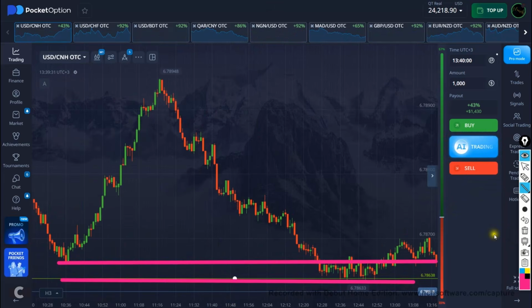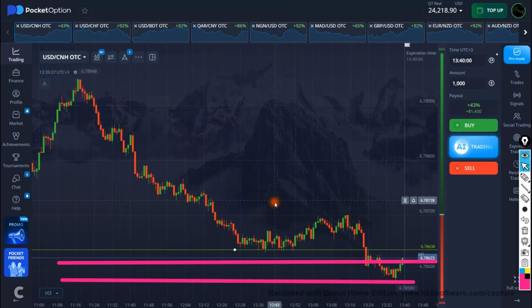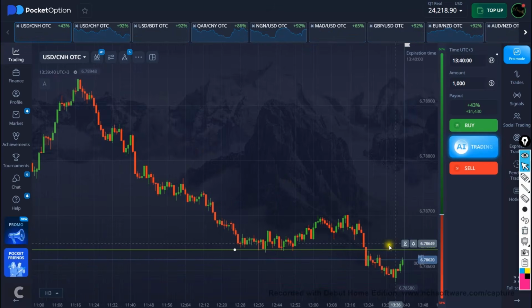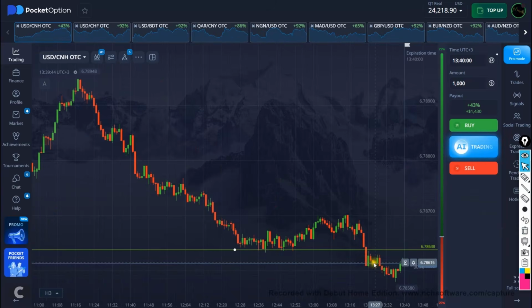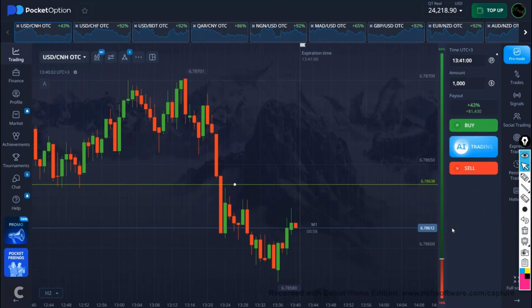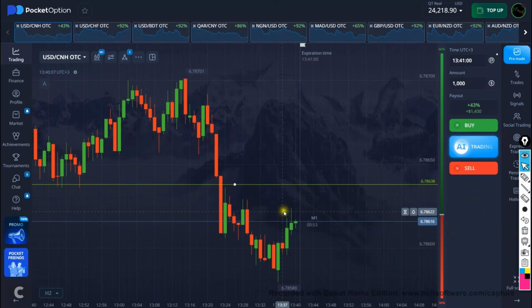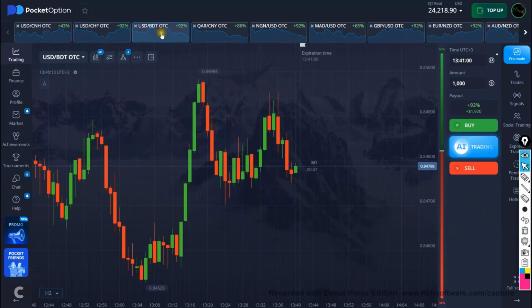So this whole area is a good support area, and we can trust the supply areas or demand areas that we find on such an area. So we broke the support area, and once a support area is broken, it becomes a resistance. So once we got back to that area, we can confidently take trades with the sellers. So let's look for more opportunities.